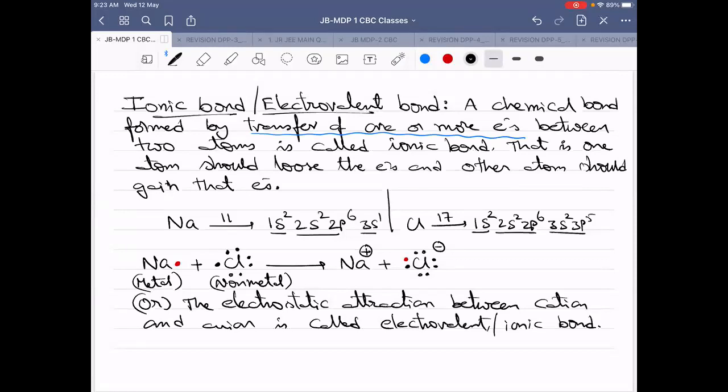But if a bond is formed between two similar electronegative atoms, like two hydrogen atoms, the H2 molecule, then it is a non-polar bond. Basic point. So if an electronegativity difference is there, then you will call it a polar bond. And if there is no electronegativity difference, it is a non-polar bond.